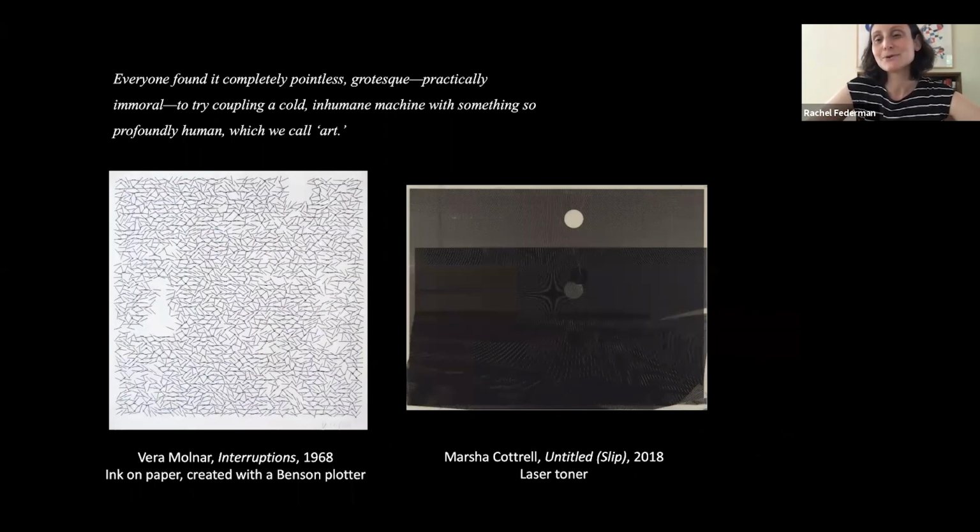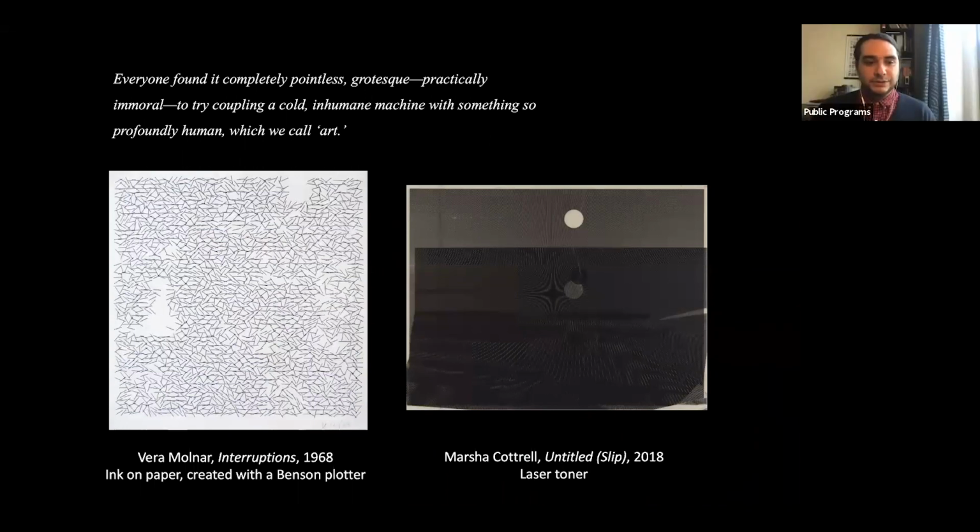I think it says more about the critics than the state of art at that point. And Vera Molnar wasn't the first artist to create art with computers. She was among the first, but already in the mid 1960s, this kind of work had begun to be done. So I think it says more about the state of art criticism than it does about the things that artists were doing, which of course have always been on the cutting edge of technology.